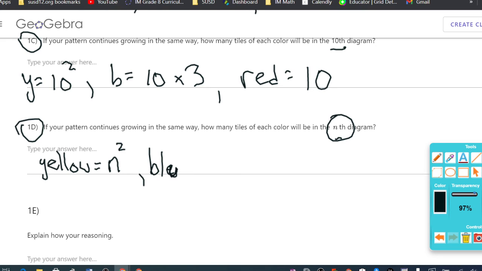They're going in sets of 3. So that's going to be n times 3. Whatever n is, it has a set of 3. And then for the red blocks, that just is increasing by 1. N equals 1 is 1. N equals 2 is 2. N equals 3 is 3. So that's just going to be equal to whatever n is for our sequence.